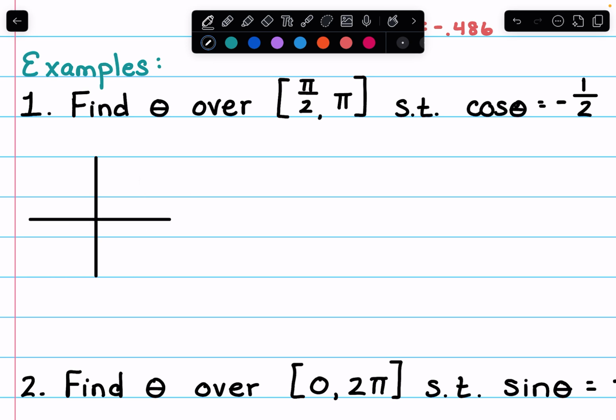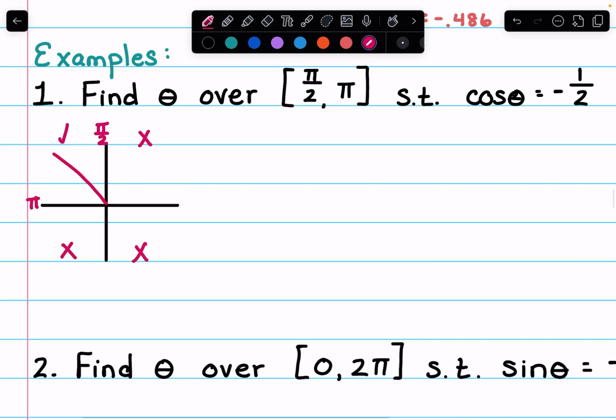Okay. If cosine is negative over this interval right here, okay, pi over 2 is 90 degrees. And pi is over here at 180. If I am only in this interval, that means I am only in this quadrant. I am not looking for the angle here, here, or here because of my interval, right? So I'm just looking for this angle right there.